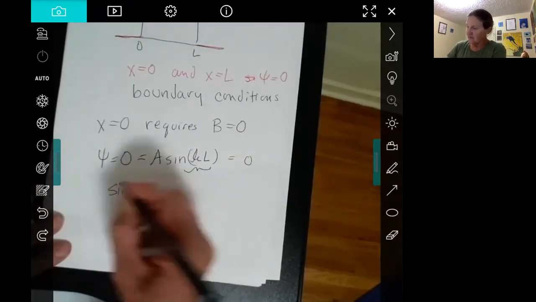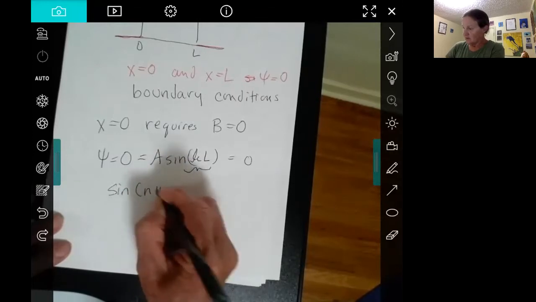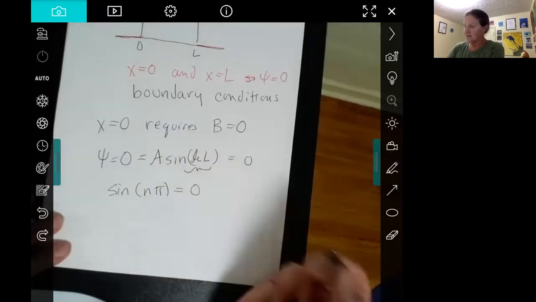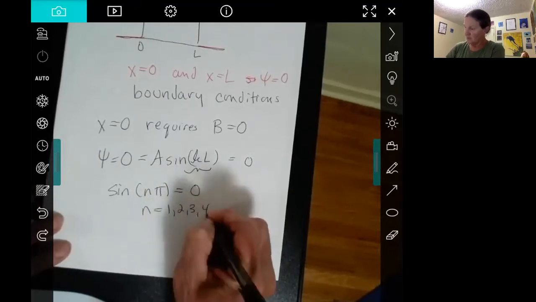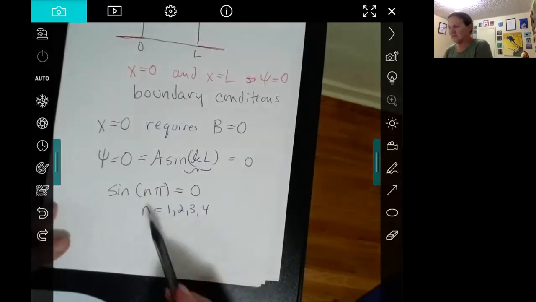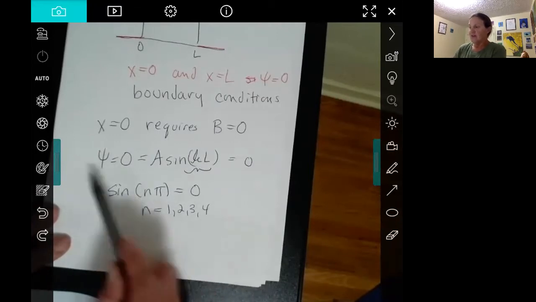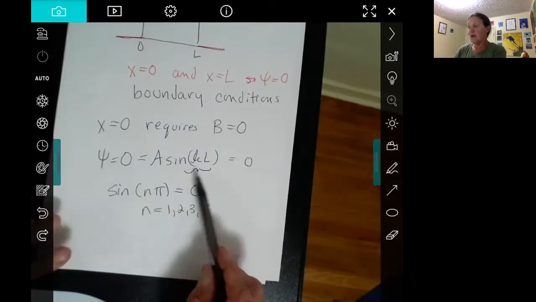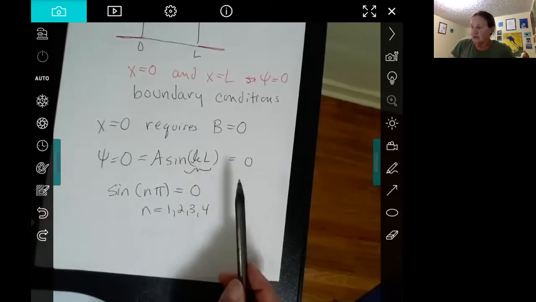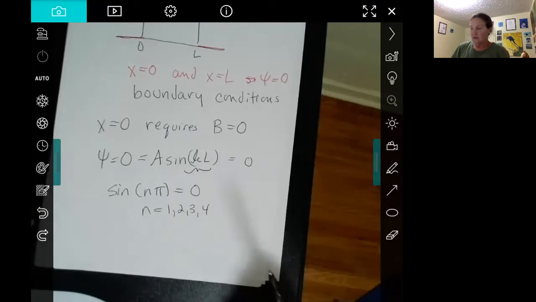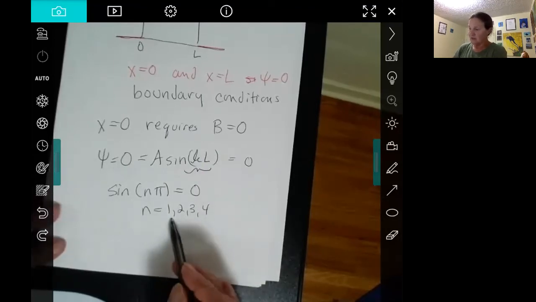Sine of any integer value of pi is going to be 0. So kL equals n pi, where n equals 1, 2, 3, 4. Can't have 0 because if we had 0, then the wave function would be 0 everywhere. And then if that was true, then there'd be no probability of a particle. So we have to start with n equals 1.